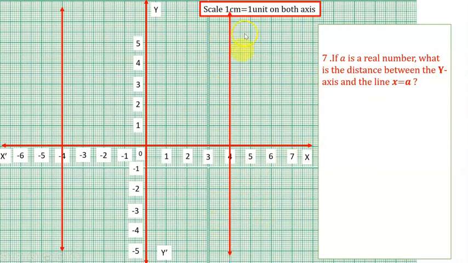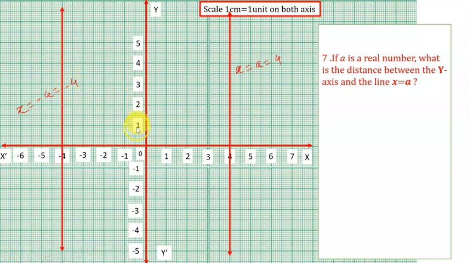Suppose here is a line x is equal to a. Here it passes through 4, which means x is equal to a, that is a is equal to 4. We have considered x is equal to a, and that is equal to 4. Here x is equal to minus a, and that's equal to minus 4.